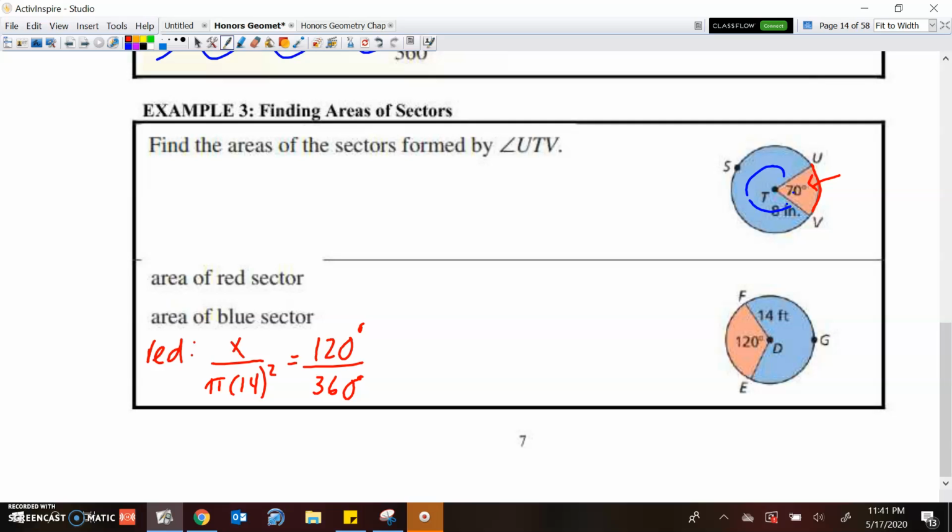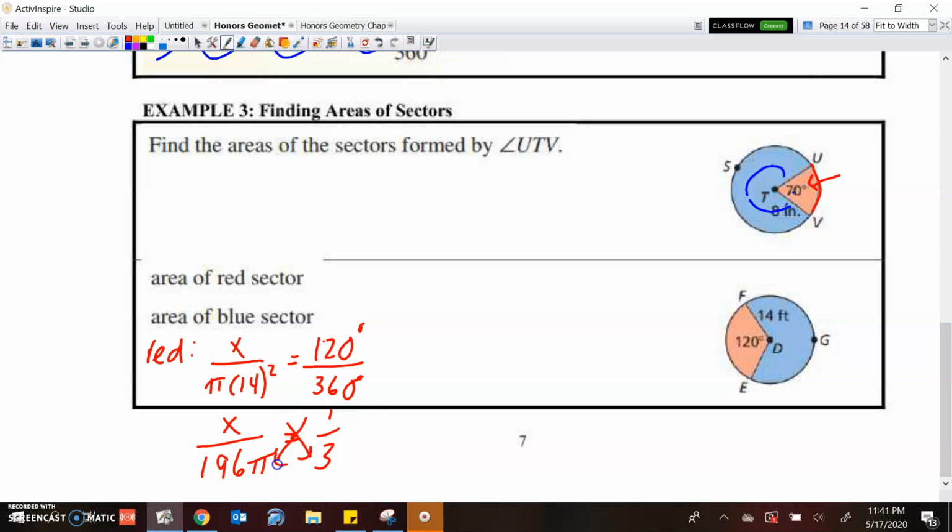Now I am able to do a little bit of simplifying, meaning that I can rewrite this as x over 14 squared is 196. So 196 pi equals, and I know 120 out of 360 is 1 over 3. That might make it a little bit easier, not necessary, but an option.